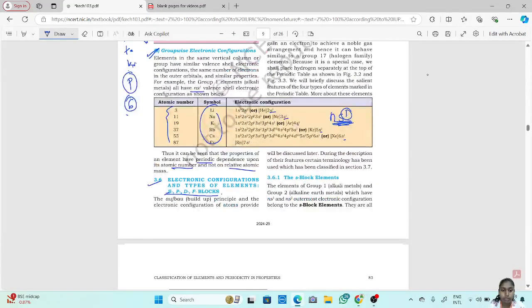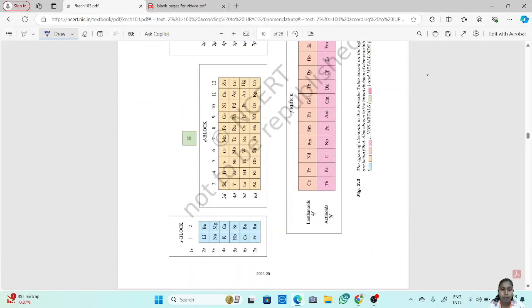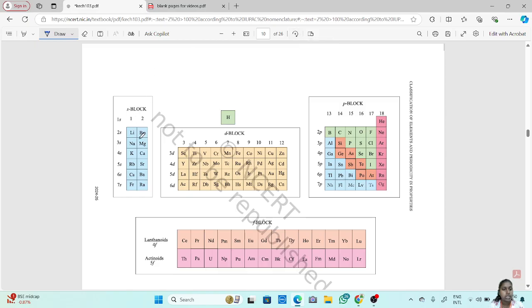Now, let's go to figure 3.3. See here. So, this is the S block, this is the D block, P block and F block. The S block is so called because all the s orbitals are being filled in these elements. The P block starts getting filled up in these elements. The D block starts from scandium.